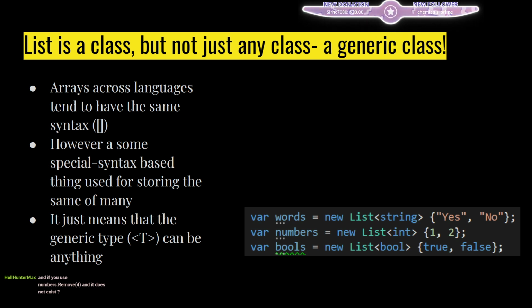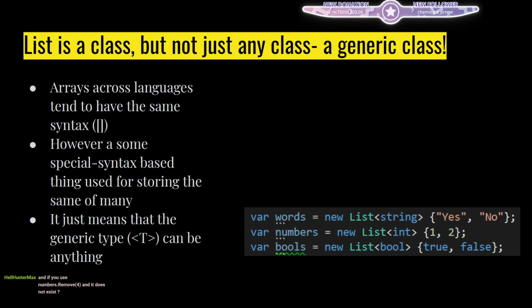So here you can see an example that if you use numbers remove 4, I think, it will not throw, but we can try this out later.